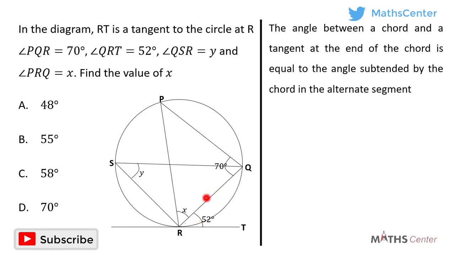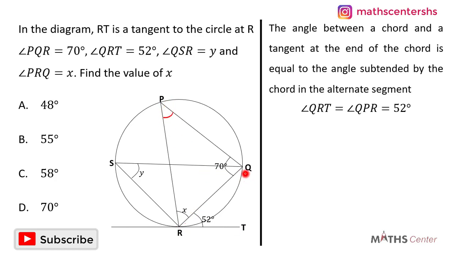And at the same time, the chord QR forms the angle QPR in this segment. So we have this angle here, angle QPR. The theorem says that the angle between the chord and the tangent is equal to the angle that the chord subtends in the alternate segment.